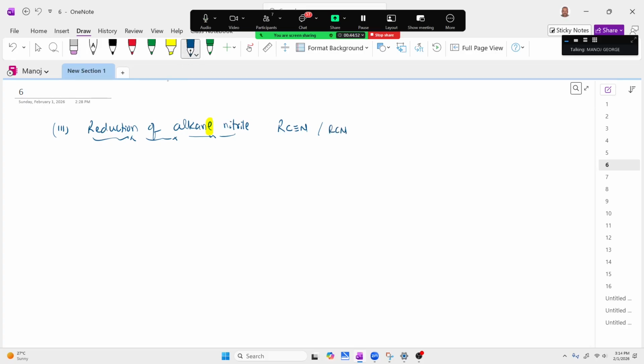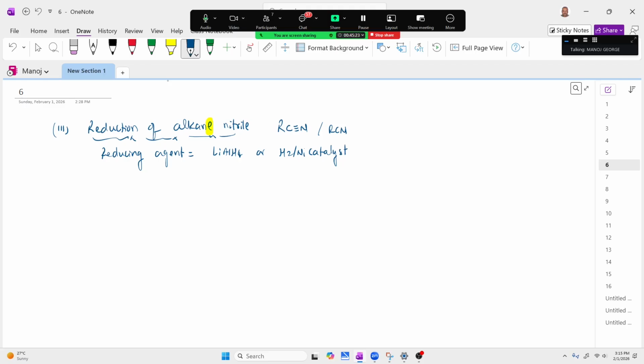So reduction obviously means adding hydrogen. So I need a reducing agent. So the reducing agent which is used here is I can use lithium aluminium hydride or I can use hydrogen in the presence of nickel catalyst. I can use any of these. Both work absolutely fine.